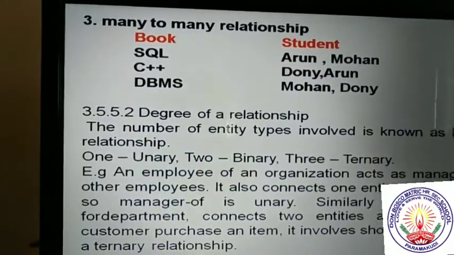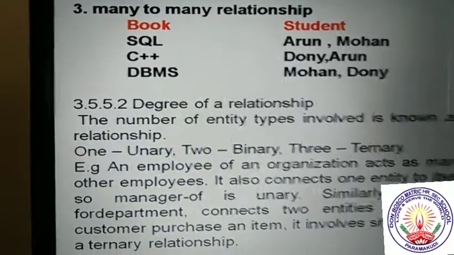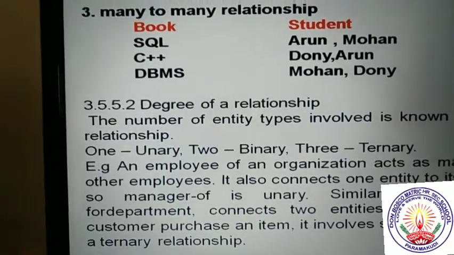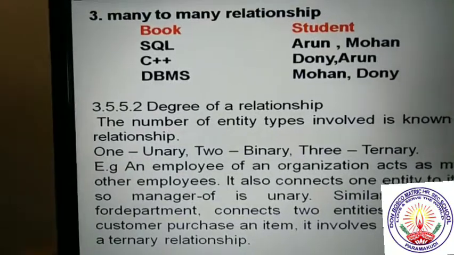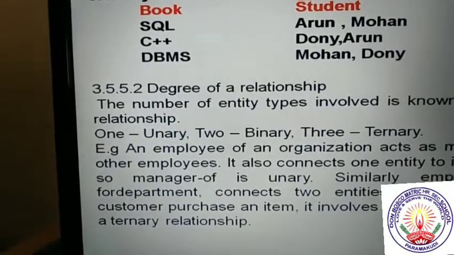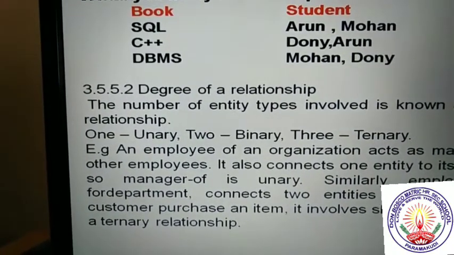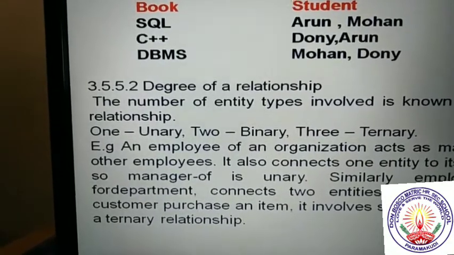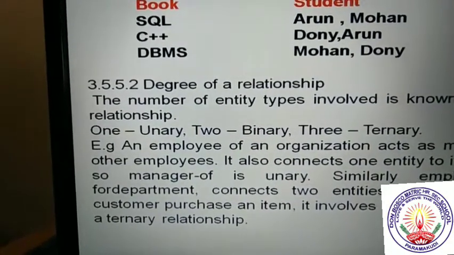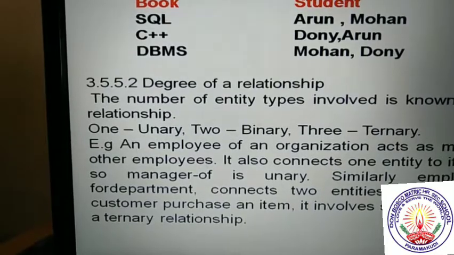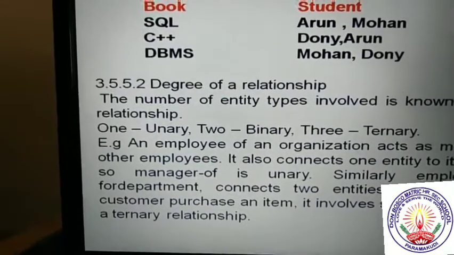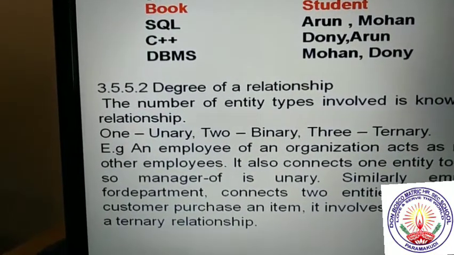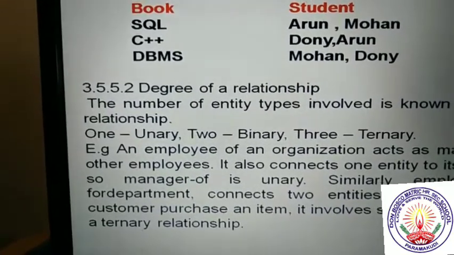So next one, in this degrees of relationship, we have to consider the numbers way. So the students, in 11th standard you had studied the number systems: binary, decimal, hexadecimal and octal. Already you learnt in 11th standard. So binary means we have to consider two numbers.